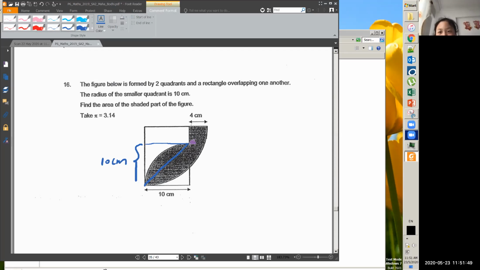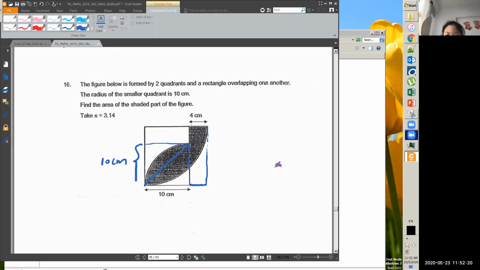So this is your square. Now, you can also draw another line here. Am I right? Yes. You are asked to find the area of the shaded region, right?